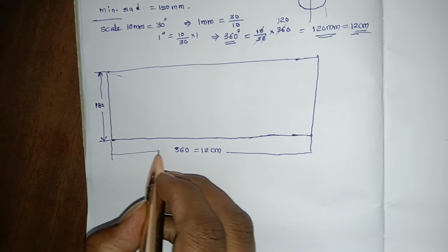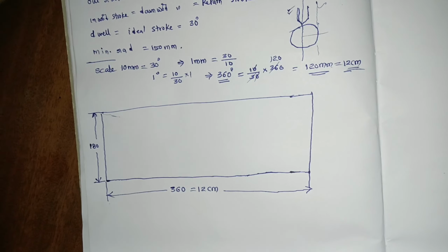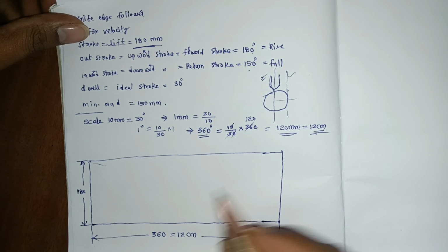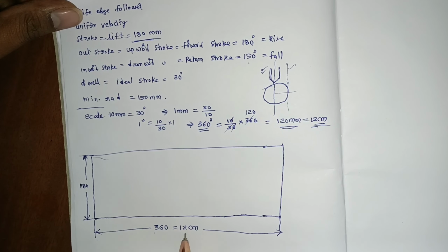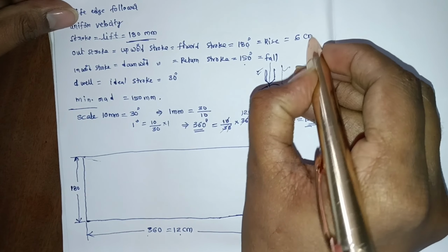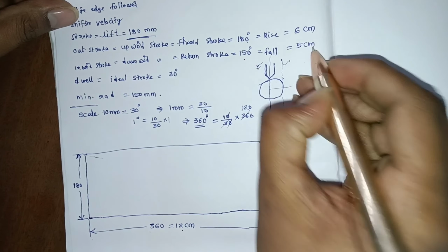This is as per the dimension. Now similarly you have to convert the 180 degrees and 150 degrees into linear displacement. Since 360 is 12 centimeters, 180 is 6 centimeters. Similarly 150 is 5 centimeters.